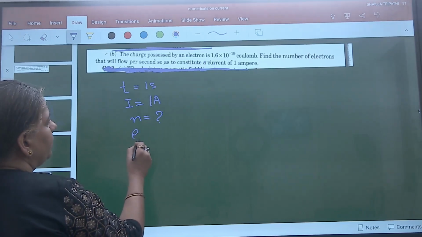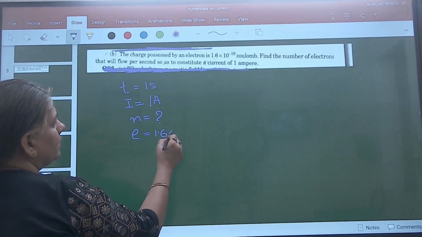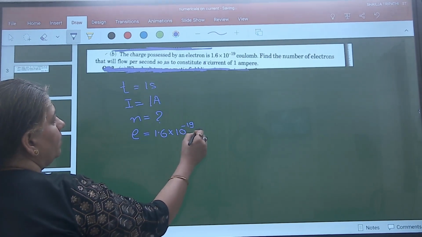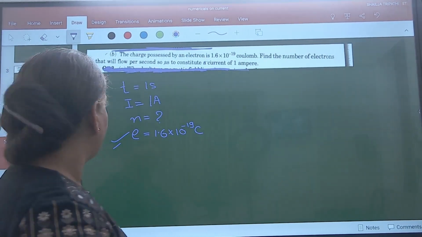The value of small e, that is charge on one electron, is given. This is a constant. If it is not given in the question, you must remember this constant value, you have to learn it.